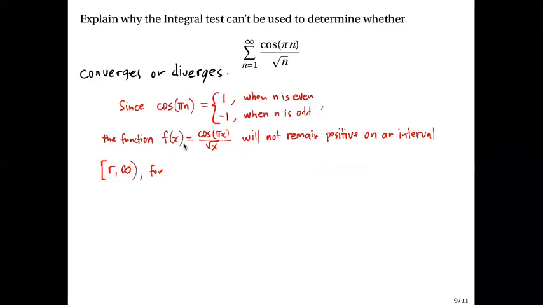So the function f of x equals cosine pi x over square root of x will not remain positive on an interval r to plus infinity for any r.